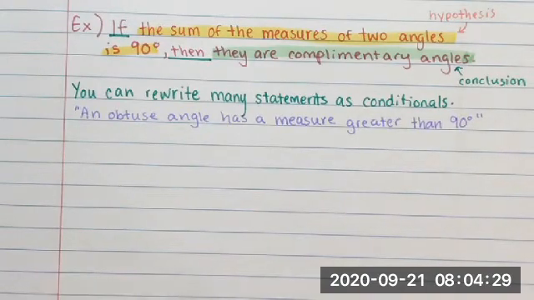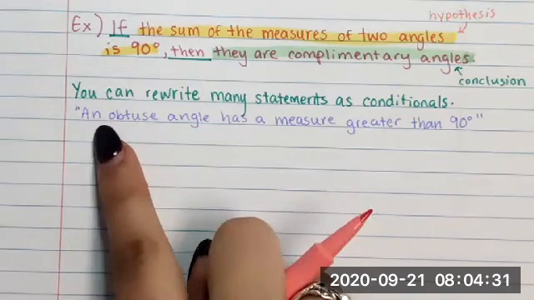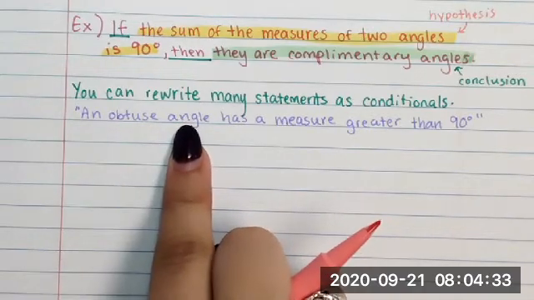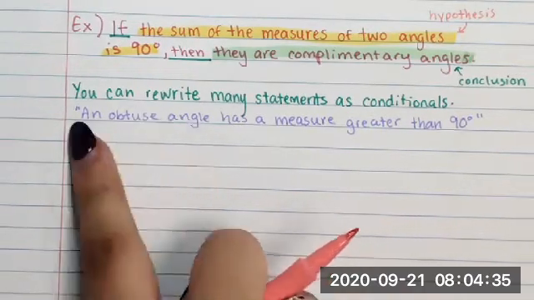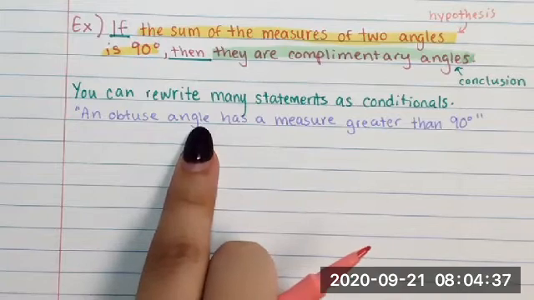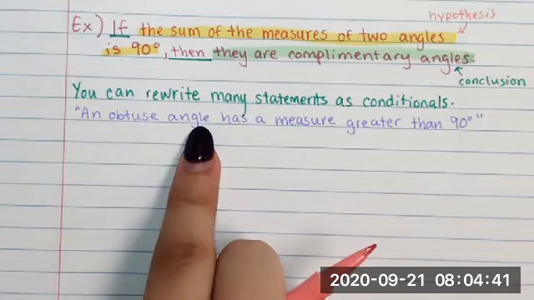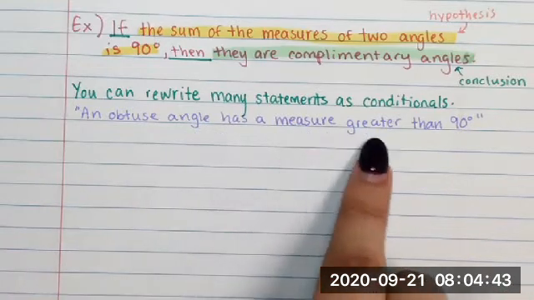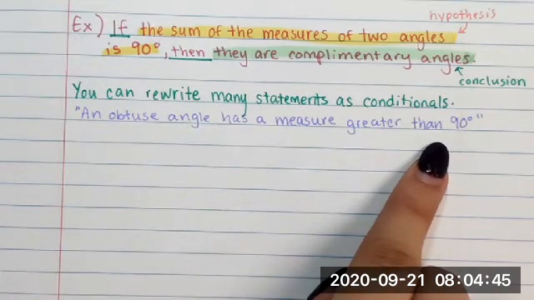So to start, I'm going to take a look at what they're talking about first. What is the first subject? An obtuse angle. And then what does the rest of it have to do with the obtuse angle? Well, it has a measure greater than 90.